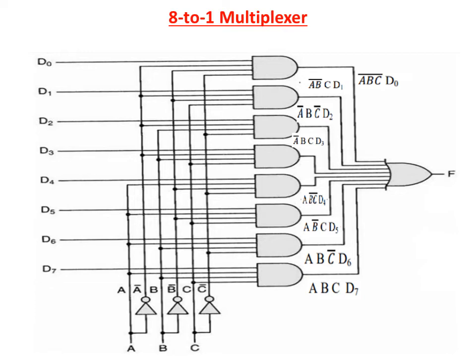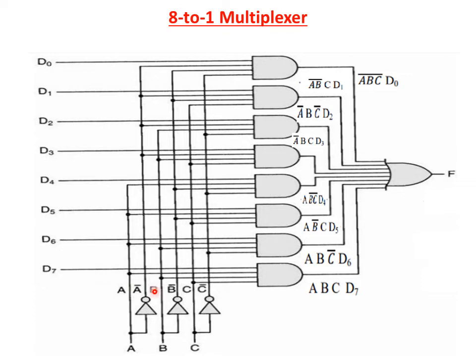This is the logic diagram for 8 to 1 multiplexer. The selection inputs are A, B, C and the 8 inputs D0, D1, D2, D3, D4, D5, D6, D7 are represented here, and the single output Y. At this position uncomplemented inputs are obtained and at this position complemented inputs are obtained, that is here A, here A bar.